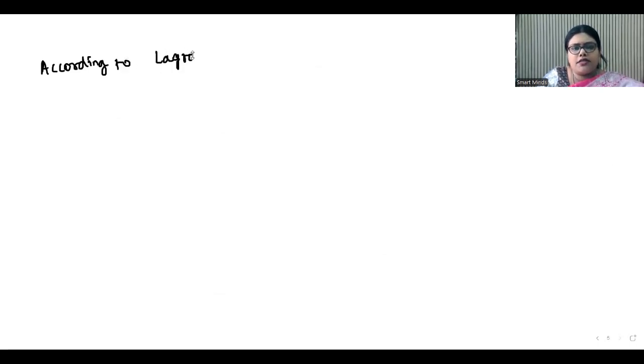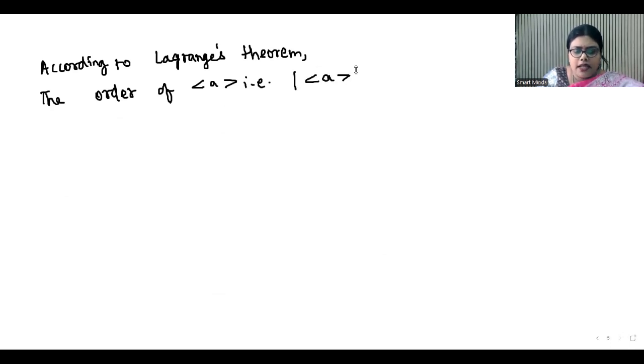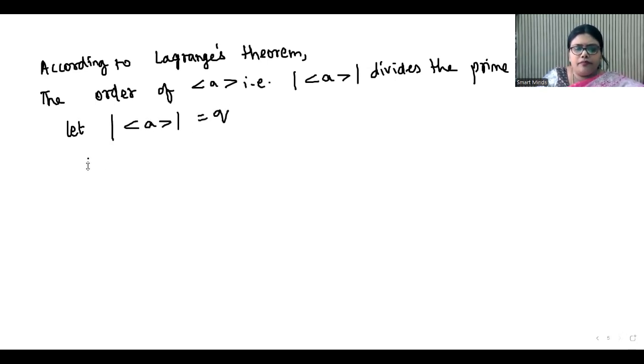According to Lagrange's theorem, the order of cyclic subgroup A divides the prime P. Let's say order of cyclic subgroup A is equal to Q. But P is a prime number.